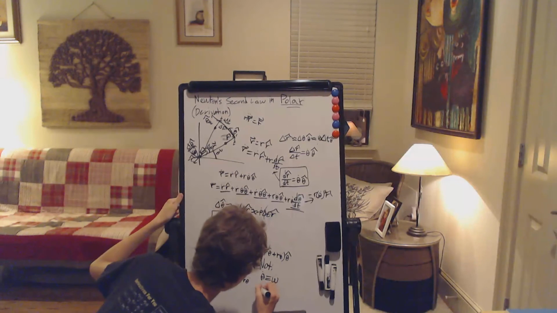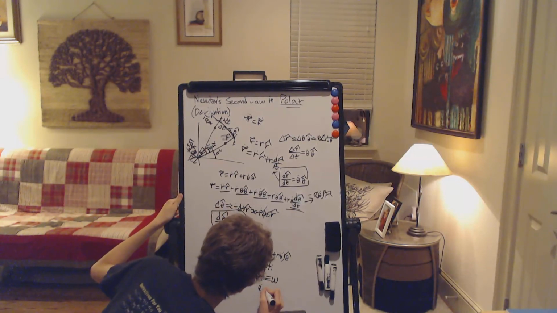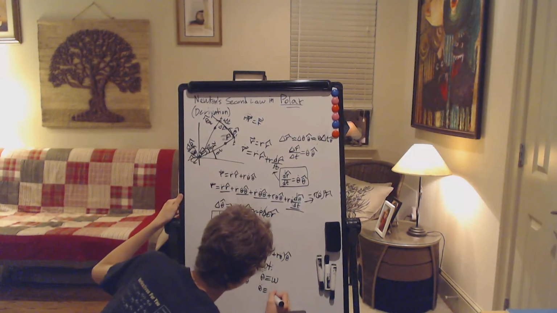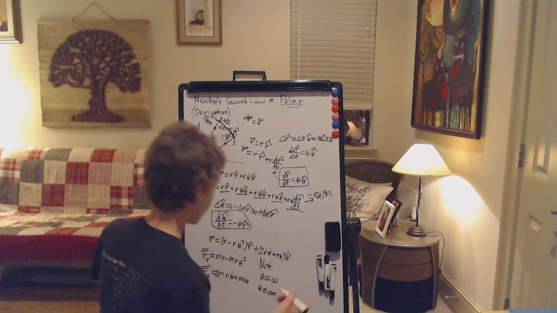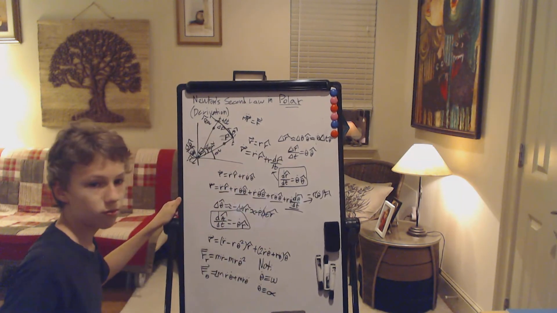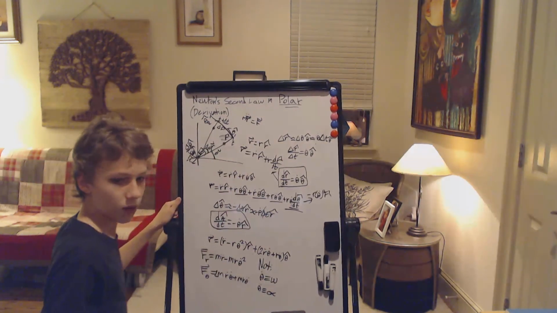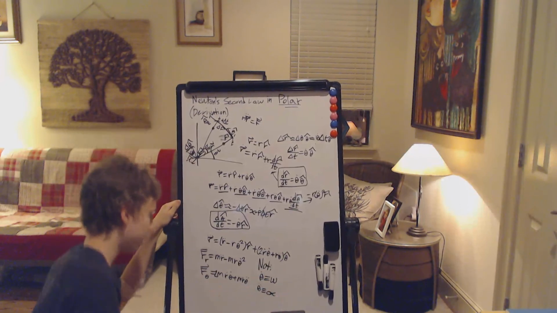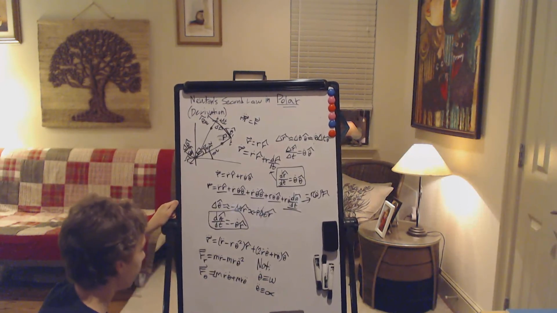Furthermore, theta double dot is the angular acceleration, often denoted with alpha, which is fairly intuitive, right?